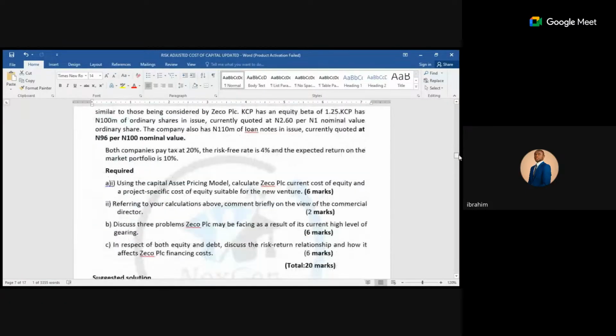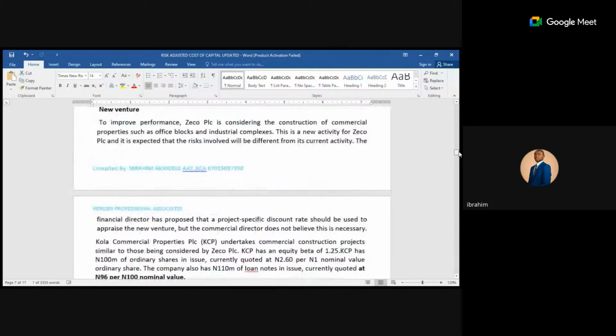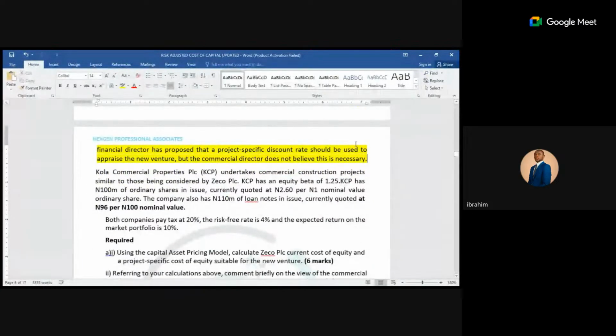Now, the question says that you should comment on the view of the commercial director. Let's quickly read back. What is the view of the commercial director? The financial director has proposed that a project-specific cost of capital discount rate should be used to appraise the new venture.